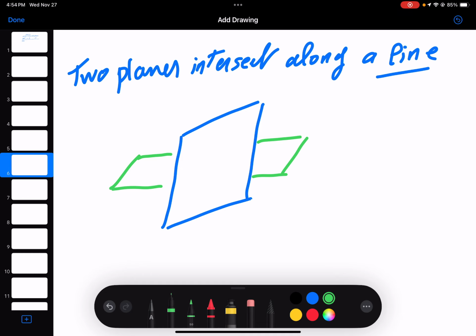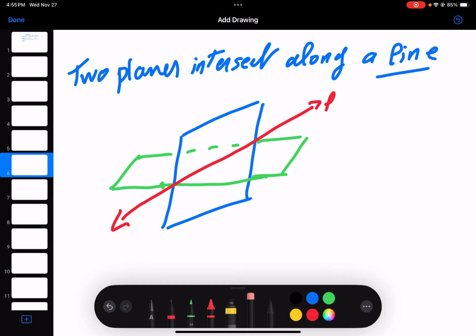And so, okay, again, I'm not an artist, but where would they intersect? They would intersect along a line that would look like this, line L, okay? So that's where two planes intersect along a line.